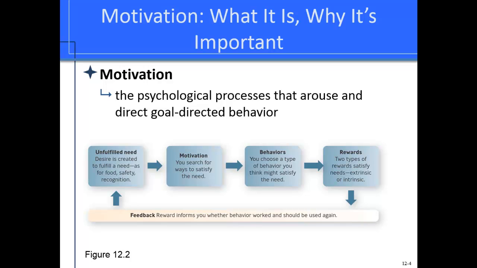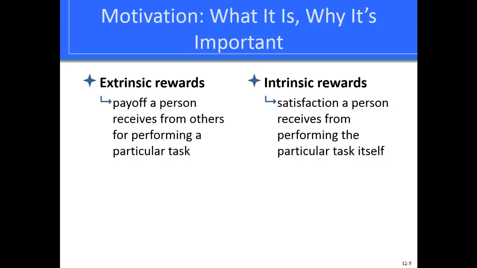Those are both extrinsic rewards and intrinsic rewards. An extrinsic reward is the payoff, such as money, that a person receives from others for performing a particular task. It is an external reward. The payoff comes from pleasing others.